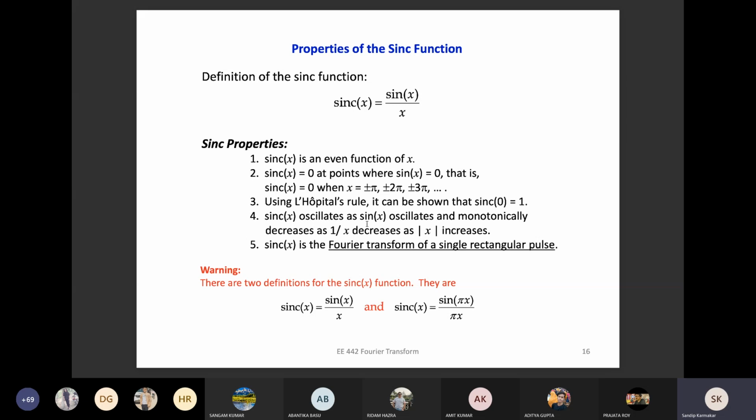Sinc x oscillates as sin x oscillates and monotonically decreases, as 1 by x decreases as mod x increases. Sinc x is the Fourier transform of the single rectangular pulse. So remember the definition of the sinc function is sin x by x.